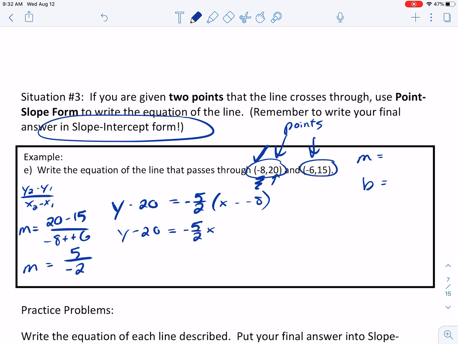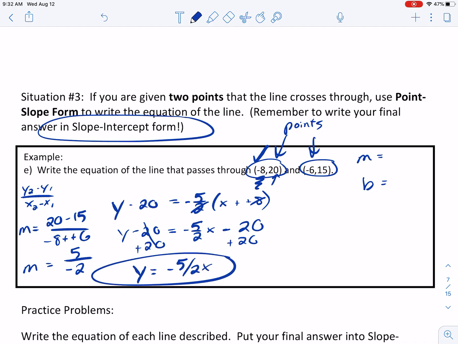This would become x plus 8. So -5 over 2 goes into our 8 four times, so minus 20. Then solve for y. Move the 20 to the other side. We get y equals -5 over 2 x. There's no y-intercept because -20 and +20 cancel each other out, which means the line just goes through the origin, and that's totally okay.